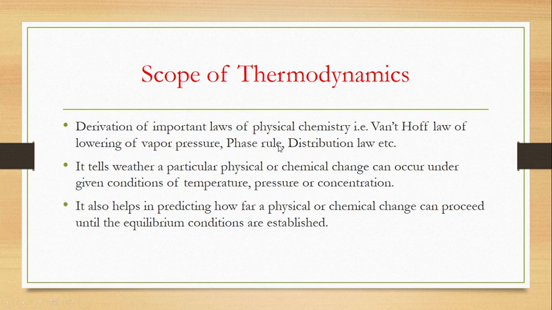It includes phase rule, distribution law, and van't Hoff law of lowering of vapor pressure. It also tells the occurrence of any physical or chemical change under given set of conditions. It also helps in predicting how far a physical or chemical change can proceed until the equilibrium conditions are established. So these are the three scopes that are very important in thermodynamics.